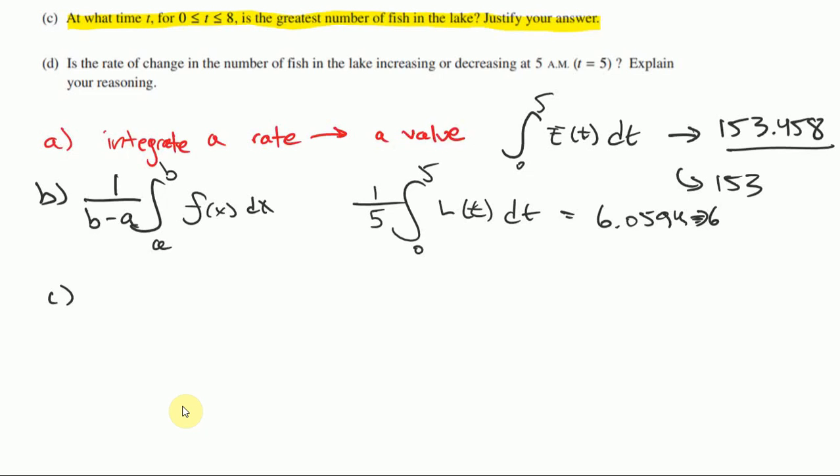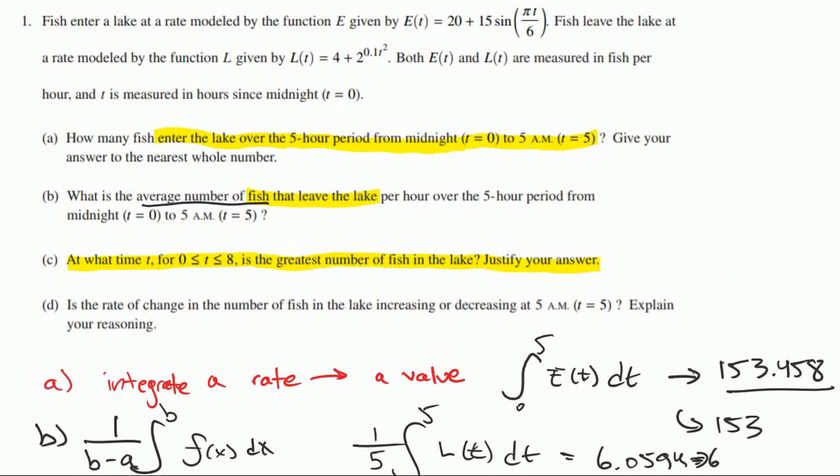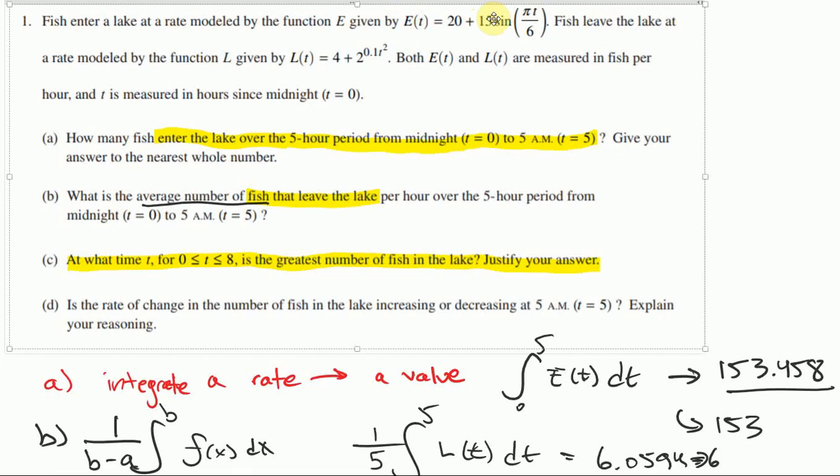So we're looking for the greatest amount of fish between times 0 and 8. Well, how do we get the amount of fish? The amount of fish is going to be the amount that enter minus the amount that leave. Now, we don't really have the amount that enter and leave per se, but we do have the equations for how many fish enter per hour and how many fish leave per hour.